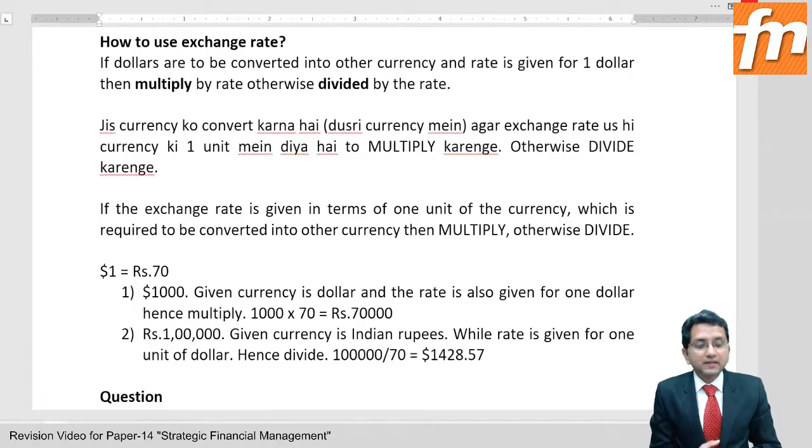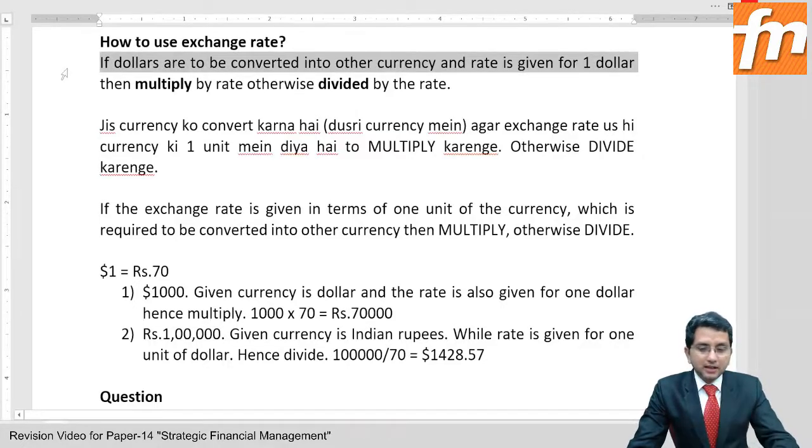Now the question is, if the exchange rate is given, should this $1,000 be multiplied by the exchange rate to arrive at the number of Indian rupees, or should it be divided by the exchange rate to arrive at the number of Indian rupees? All this depends on one simple rule of thumb.